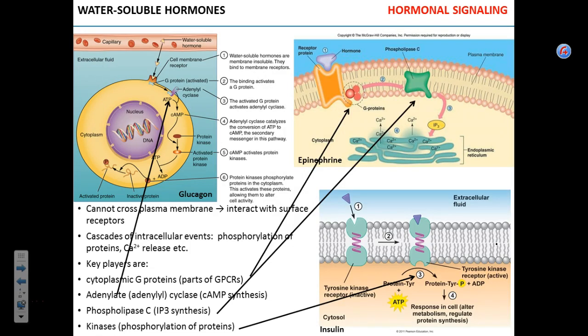So, as Andrew mentioned, they have to interact with a receptor, and since they cannot get into the cell, where is the receptor for them? On the surface, yeah. All hydrophilic hormones, all water-soluble hormones, interact with the receptor on the cell surface. Those receptors are embedded into the cell membrane.